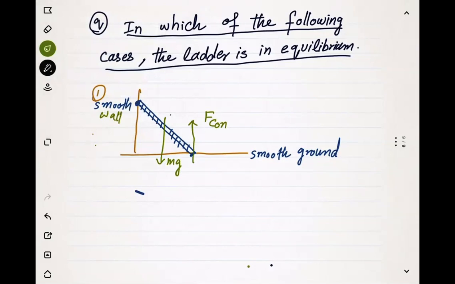So when we take a smooth wall and a smooth ground, the only force is the contact force. So the weight of the ladder is acting at the center. And then we have F contact at point P, and same at Q we have another F contact.